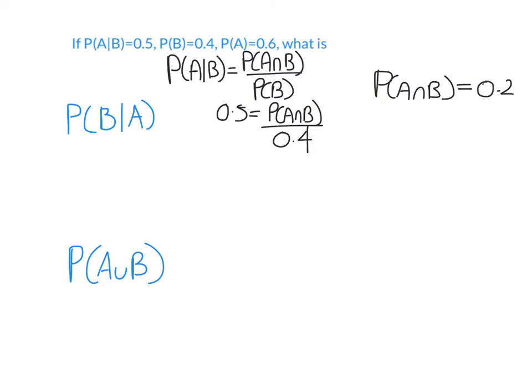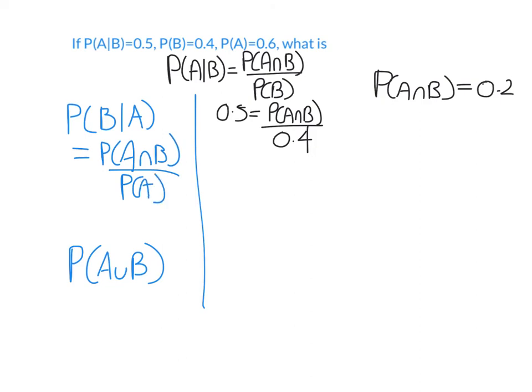Now that I know what probability of A and B is, I can calculate these two simply. To calculate the probability of B given A, note, B given A is not the same as A given B. The formula is almost the same. We still have A and B on top, but this time probability of A goes on the bottom. Whatever's listed second goes on the bottom.